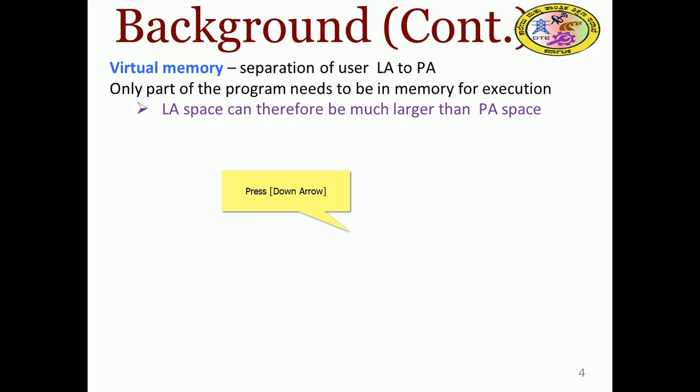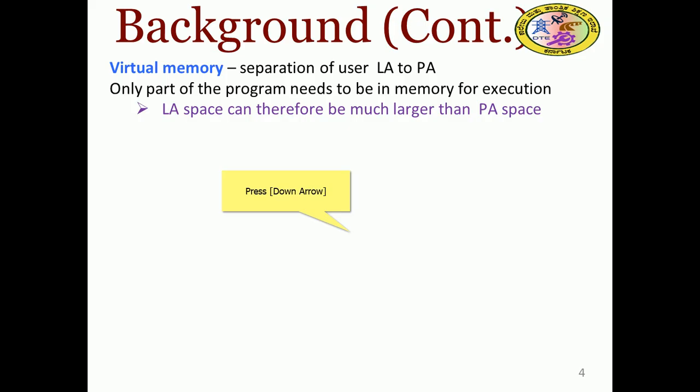The user thinks that a huge amount of memory is available, because the system never expects the entire program in memory at a given instant of time. We can exploit this: partition the program into several pages and call in only the pages which are currently necessary, while all other unnecessary pages are disallowed. What will happen?